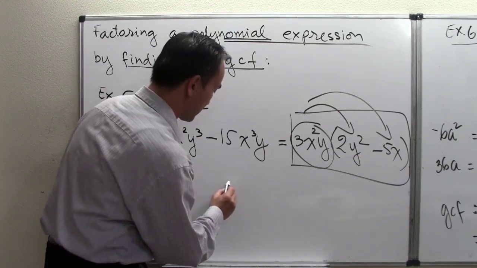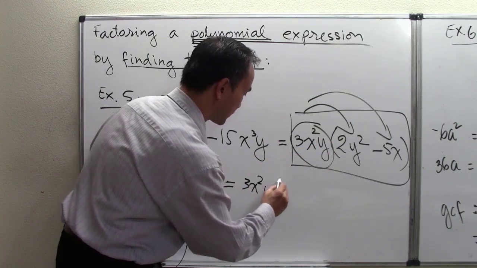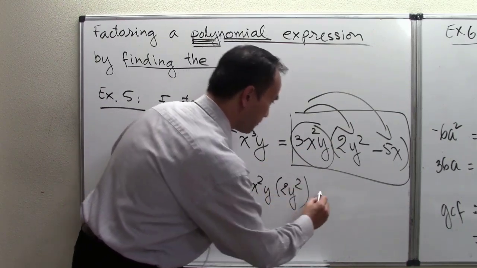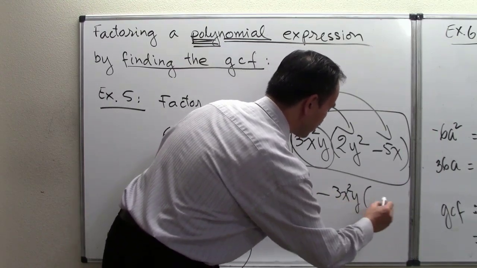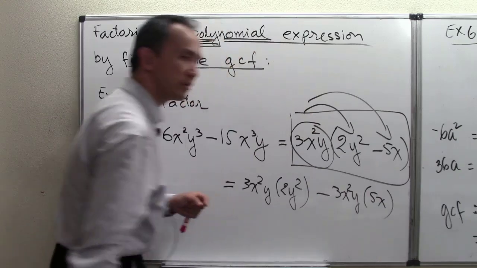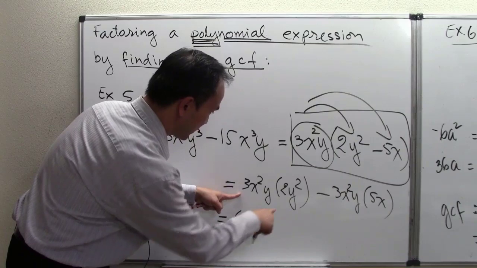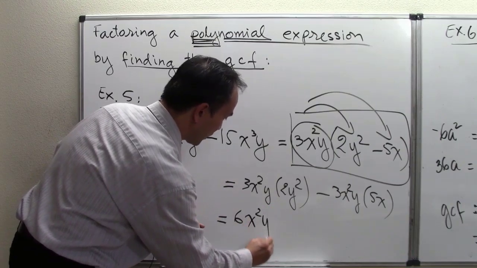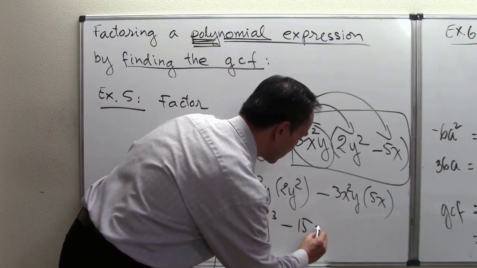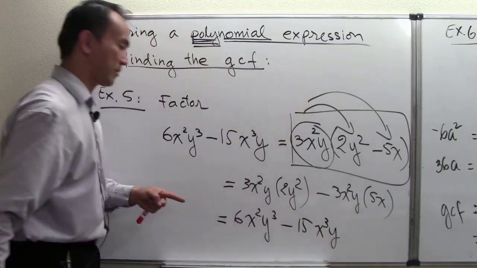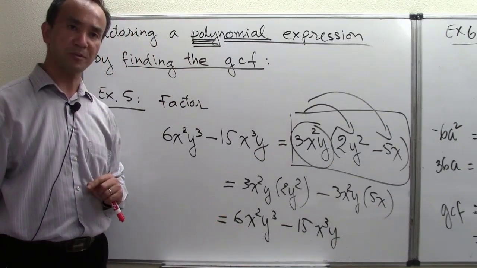So 3x squared y times 2y squared, minus 3x squared y times 5x, by the distributive law. And multiplying all that together, we have 3 times 2 is 6, x squared times y cubed, minus 3 times 5 is 15, x squared times x is x cubed, times y. And this is an expression that exactly looks the same as the beginning polynomial expression.